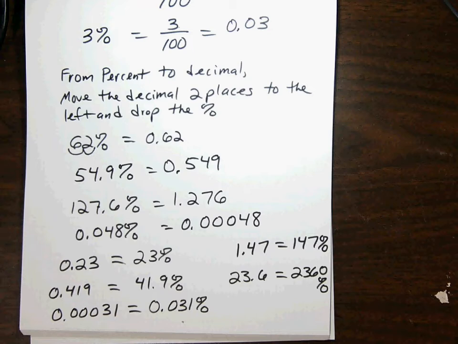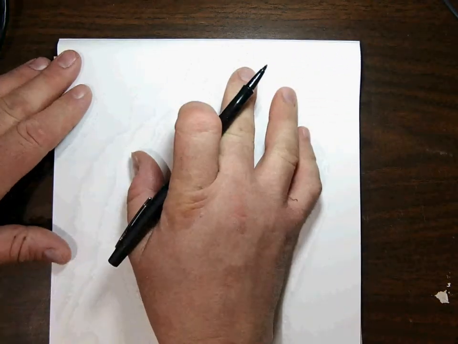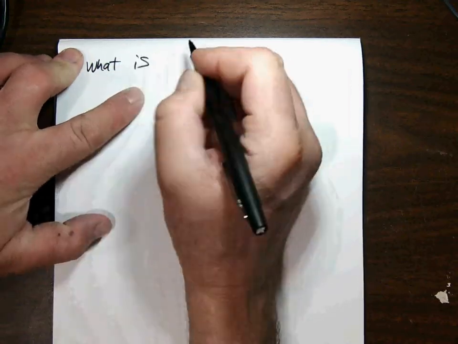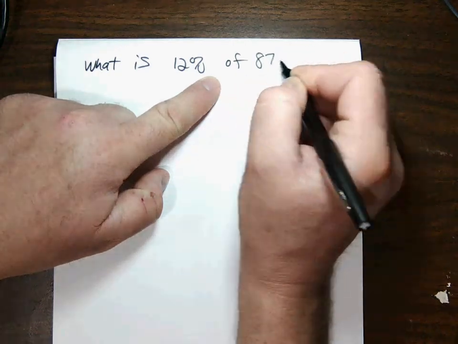There are some basic percent problems out there, and most textbooks dive into those problems right now, and I don't want to do that. The question being, what is 12% of 87?